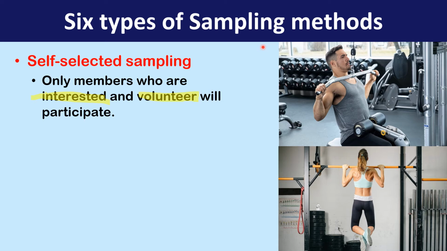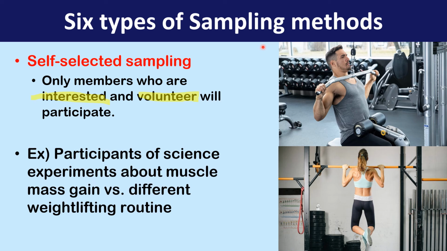What I mean by that is this. Quick example, like I suggested in this workout situation, participants of a science experiment about muscle mass gain versus different weightlifting routines can be this situation. Imagine I conduct a survey and I'm the one who studies muscle mass, your back muscle mass, and how much gain using 2 different methods, in this case machine-assisted versus freestyle pull-up.